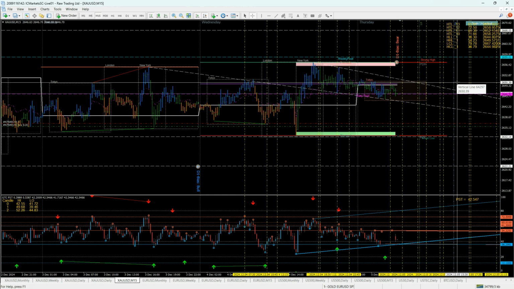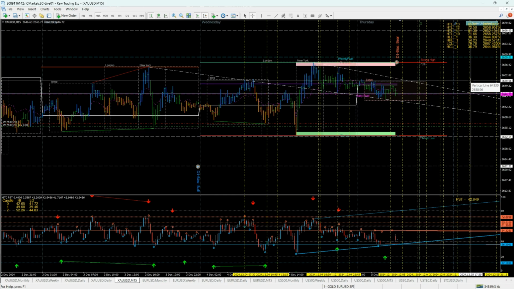If we find direction, it should push us into 6:30, which is about 5:30 here. If the market carries on with that move, which I suspect it might do, or it might go sideways, it should take us into there. So if the market does push up, that should be the situation.